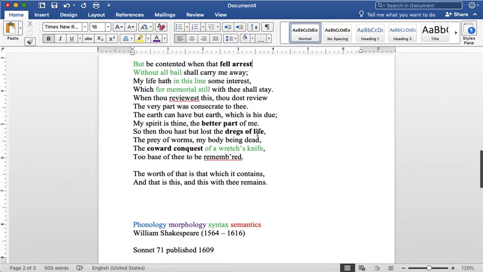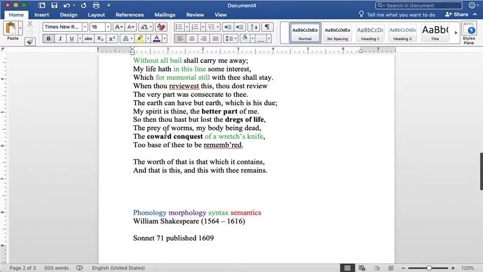Here we have the dregs of life. So instead of having something in the specifier position, they made it a whole phrase with a prepositional phrase after it. So it's a noun phrase, dregs, with a prepositional phrase after, of life. And then here's another one that's just the coward conquest, coward being used as a modifier for conquest.